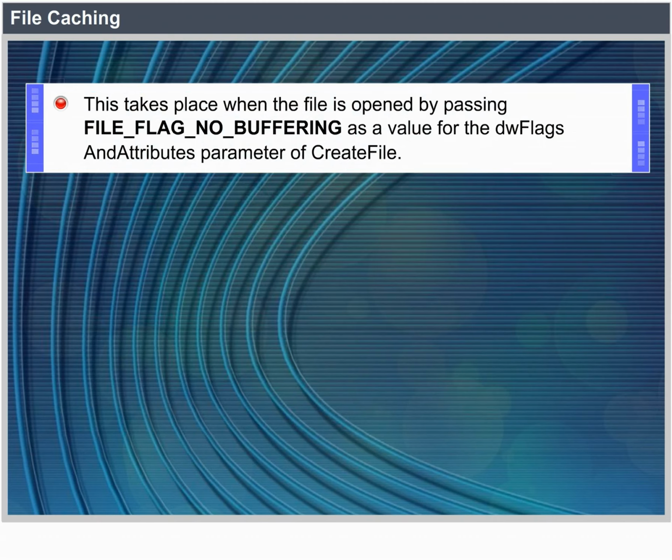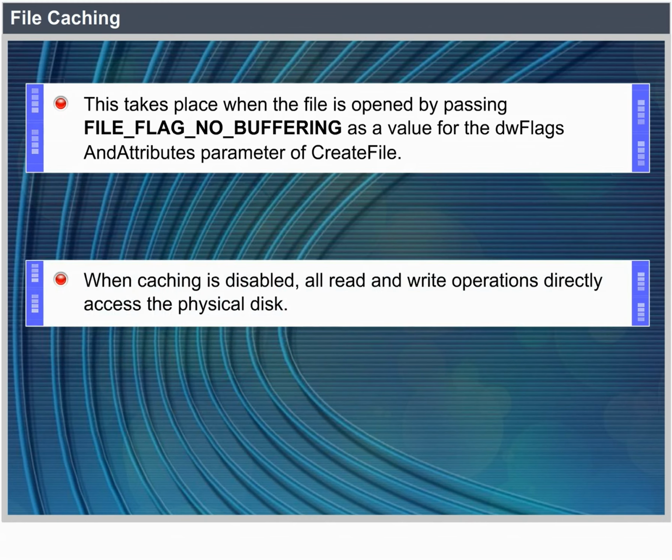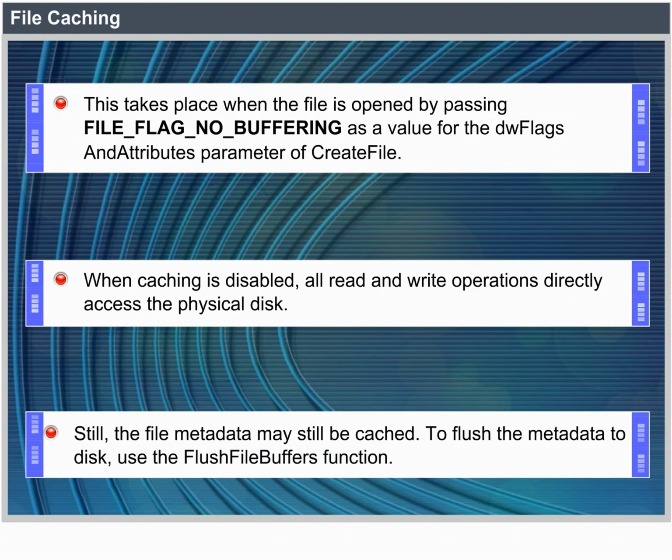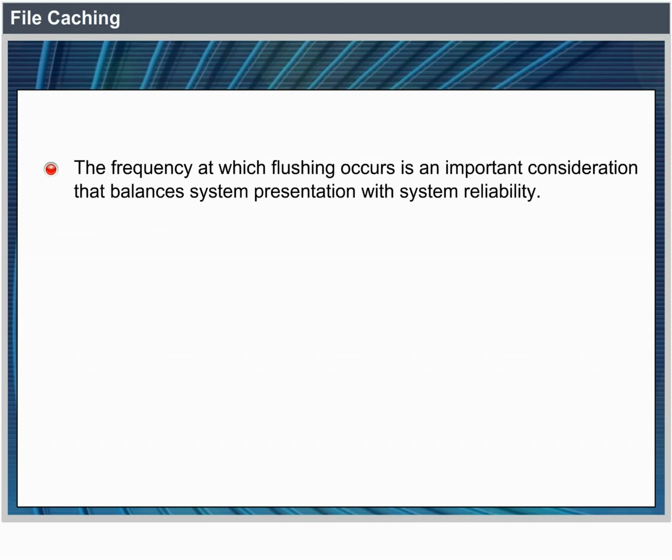When caching is disabled, all read and write operations directly access the physical disk. However, the file metadata may still be cached. To flush the metadata to disk, use the FlushFileBuffers function. The frequency at which flushing occurs is an important consideration that balances system performance with system reliability.